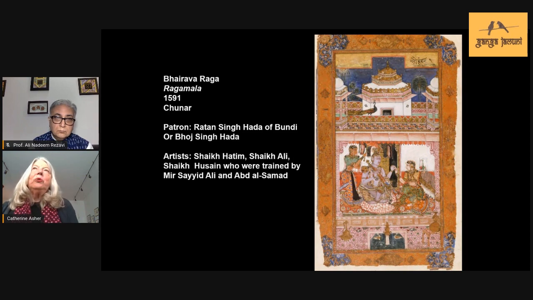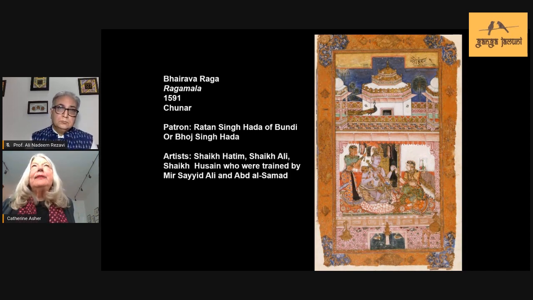The pages, the traditional oblong format of the traditional Indic manuscript, are now made vertical, as they would be in any Mughal manuscript. I'm not going to describe this too much, but we see a delineation of figures that are modeled, that are not just flat, and so on and so forth.